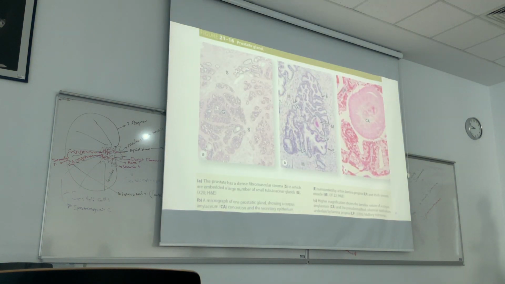Look here, this is a section from the prostate. These are our prostatic sands present in the lumen of the glands. And in the wall of the glands, again, you can see columnar epithelium in some areas, and in some areas you can see pseudostratified epithelium.